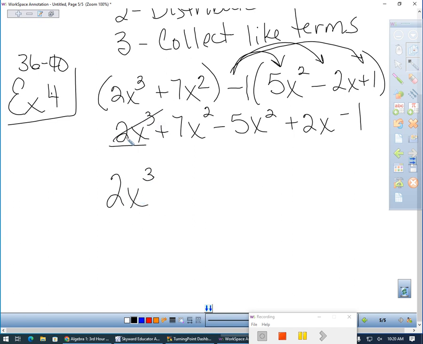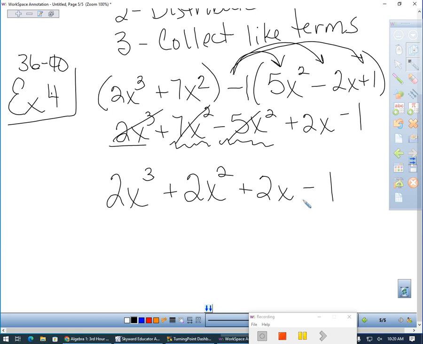Now I'm going to go to x to the second. I have a 7x squared minus 5x squared for a total of 2x squared. Exactly. So now those are done. Then I go to where I have x to the first. What term has an x to the first on it? Plus 2x. And then minus 1.